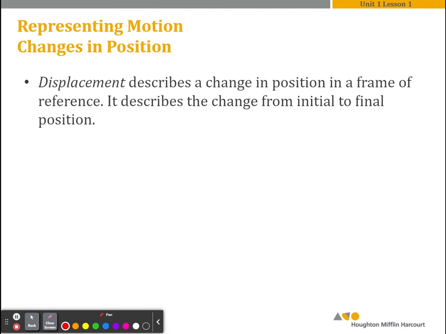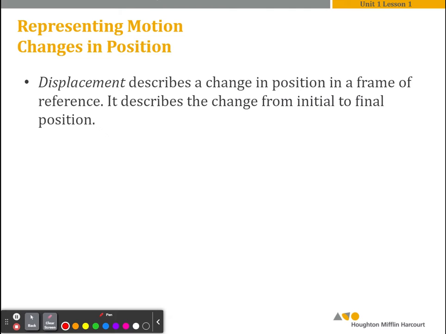This is one of your vocabulary terms, displacement. Displacement is a change in position within a frame of reference. So it could be 10 meters north. It can be 5 meters west. It can be 6 meters in the x direction.